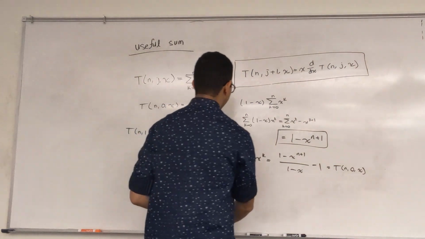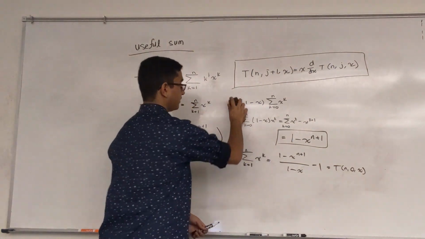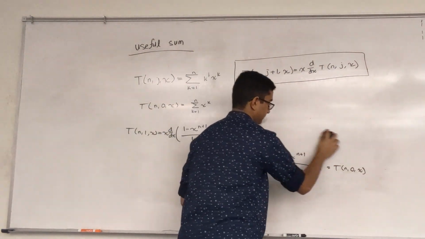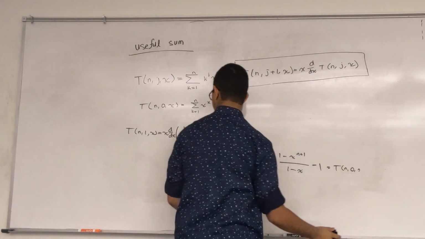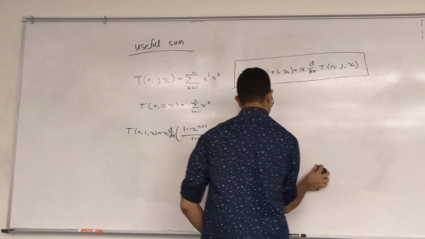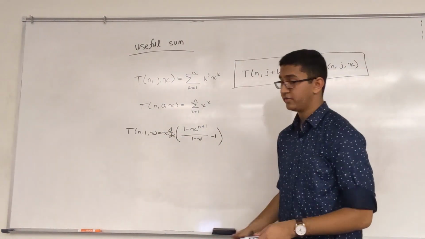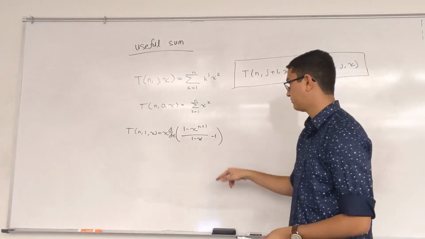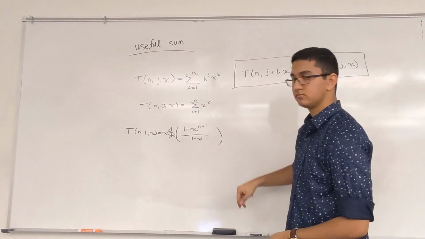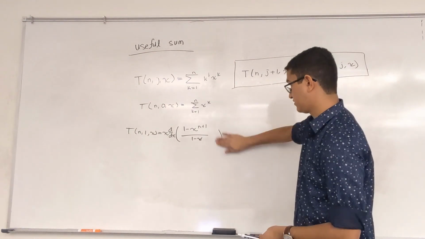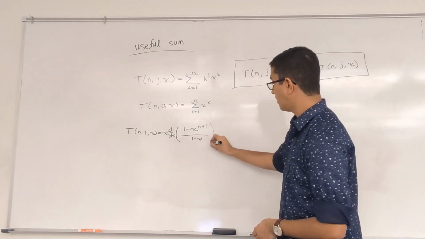Okay, so I will quickly erase this side here, because we no longer need it. We can quickly note that the derivative of -1 is not important, because the derivative of -1 is just 0, so nothing changes there.